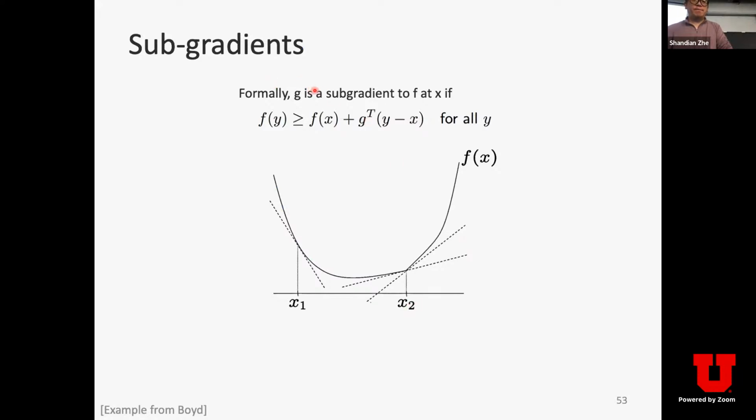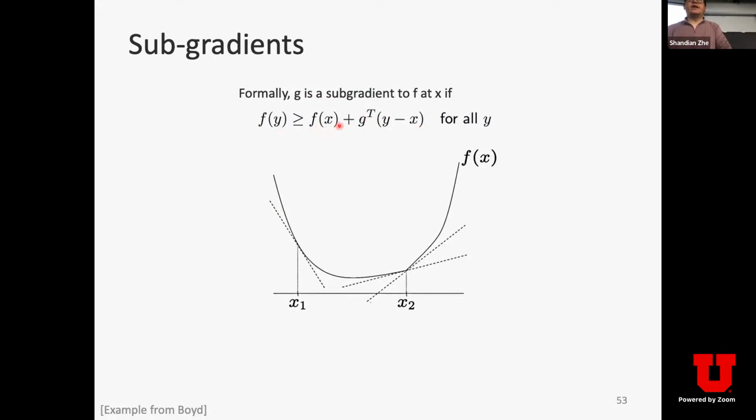So formally, g is a subgradient to f at x if the whole function f of y, varying along the whole domain, is no less than the line which has slope g and goes through x and f of x.